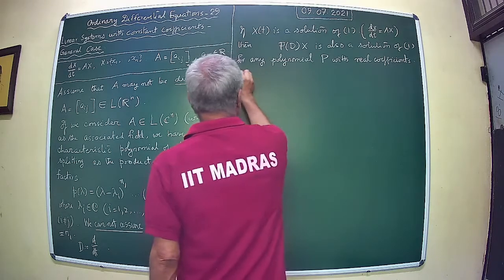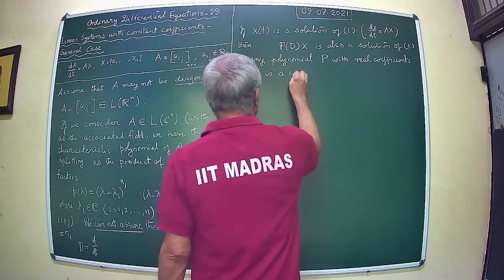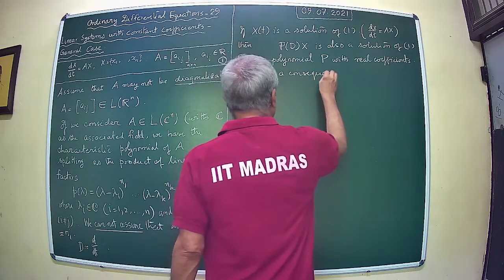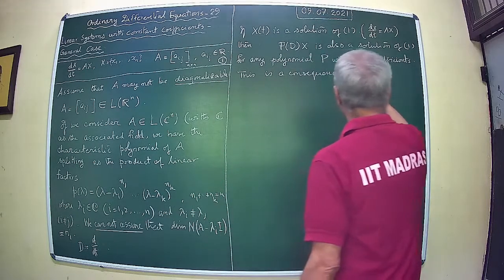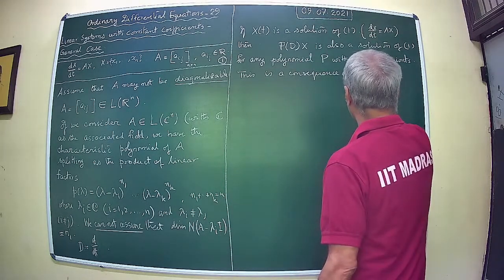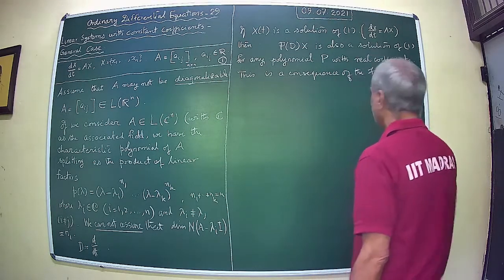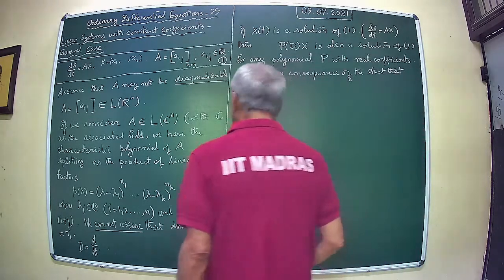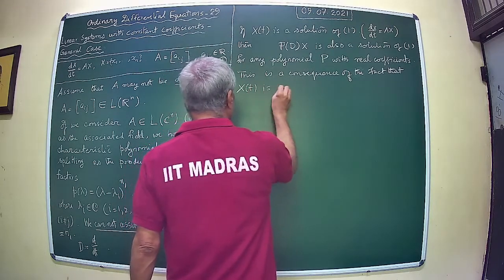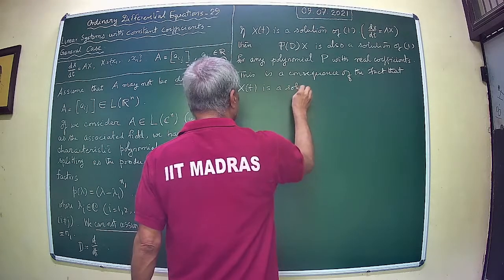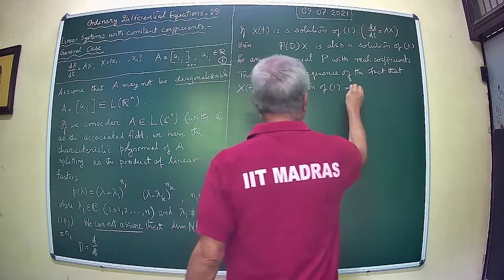This is a consequence of the fact that x(t) is a solution of one.